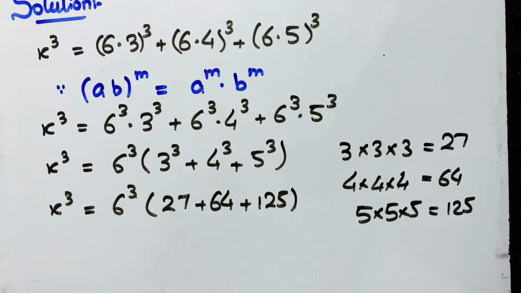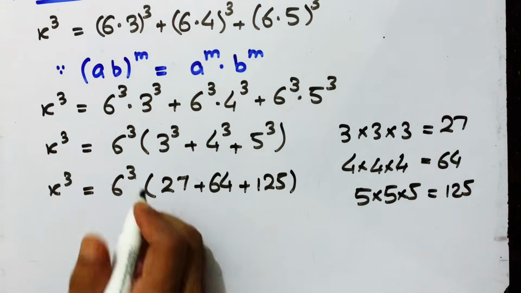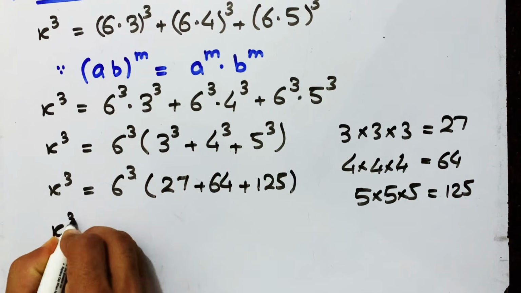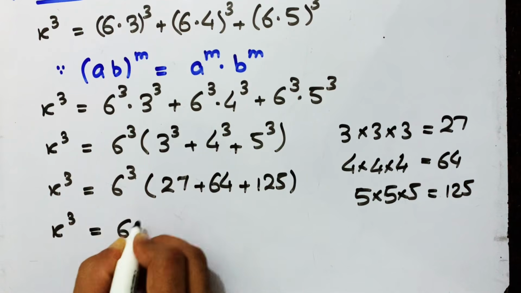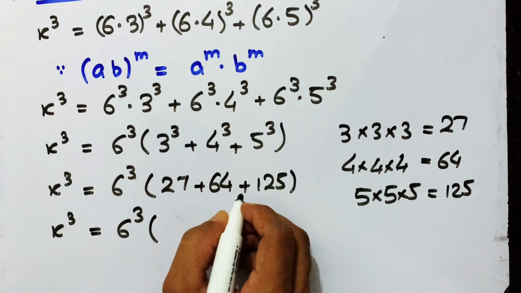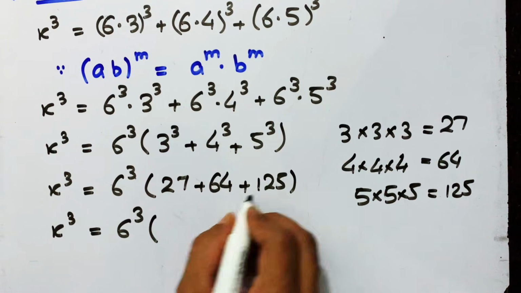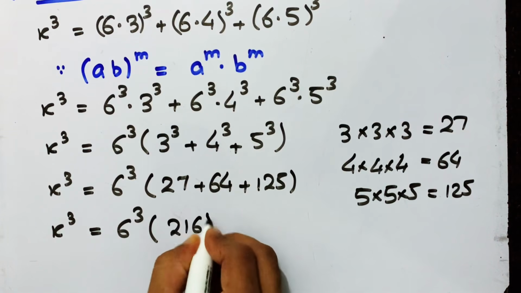So now if I add these three terms, they give me 126, so x cubed equals 6 cubed times 216.